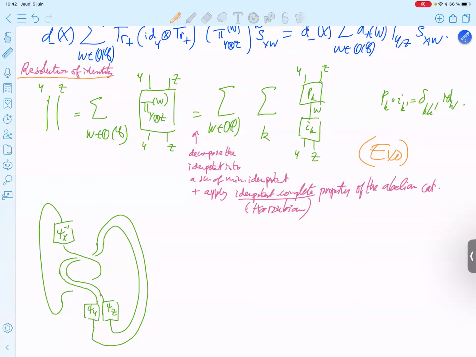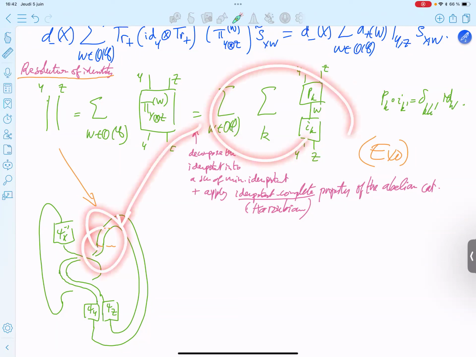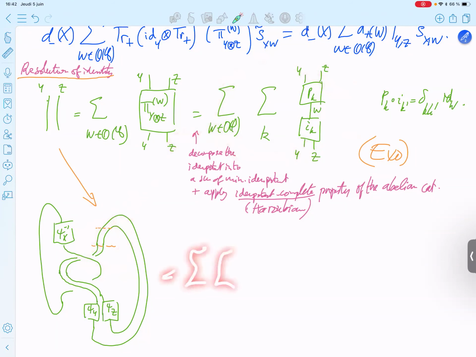You have the identity here, so you can replace this identity by that sum. You have these two morphisms. You can keep the first here and put the second here, because by naturality of the braiding, you can move it up to here. So you get as follows.